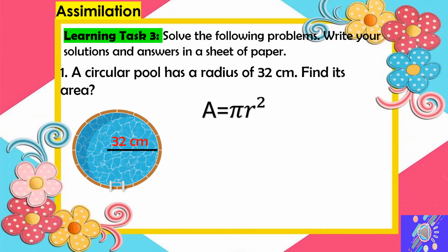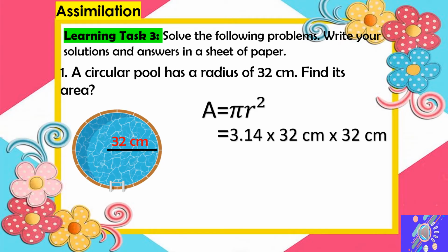So again, the formula is A equals pi r squared. So let us now substitute. So 3.14, the value of pi, then times 32 centimeters, which is the radius of the circular pool. So we will double the radius.